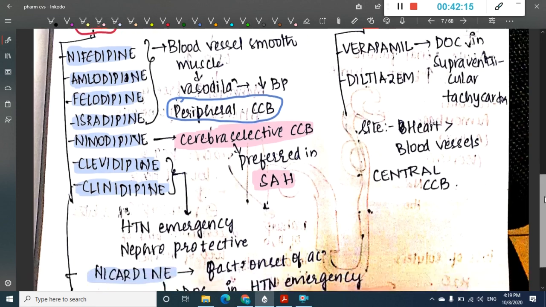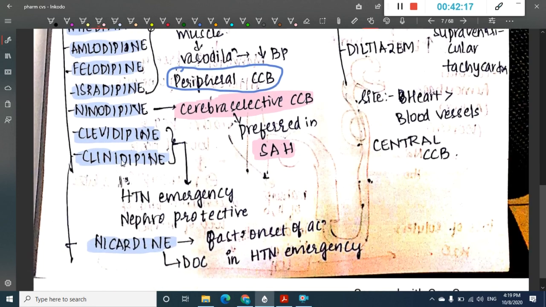Next, drugs like clevidipine and cilnidipine are used in hypertensive emergencies, and they are nephroprotective. This is very important. Then nicardipine has a faster onset of action, and because of this it is used in hypertensive emergency.